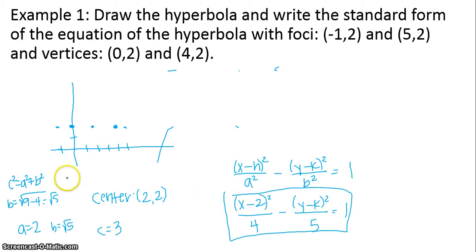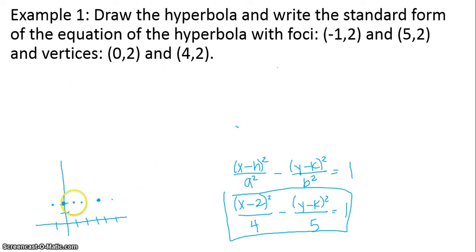I do need to finish off my graph. Since b is radical 5, I can come up about that distance. Okay, I had to move my graph down here, but I can come up about a distance of radical 5 and put my b's, go down about a distance of radical 5.